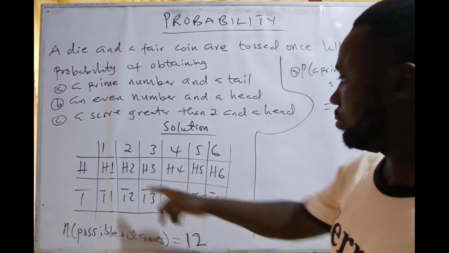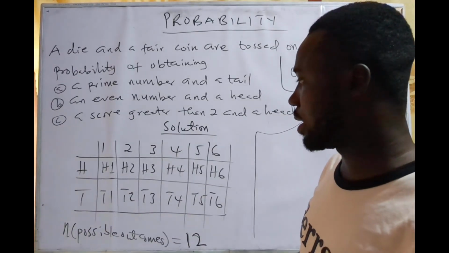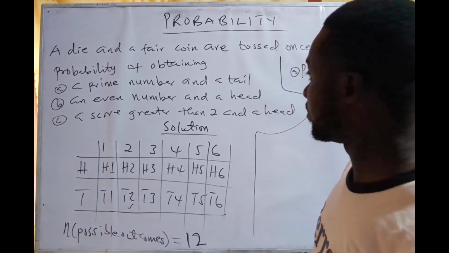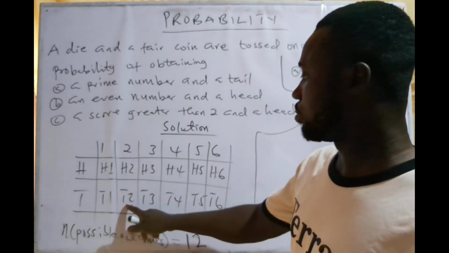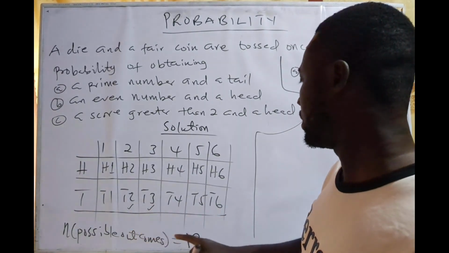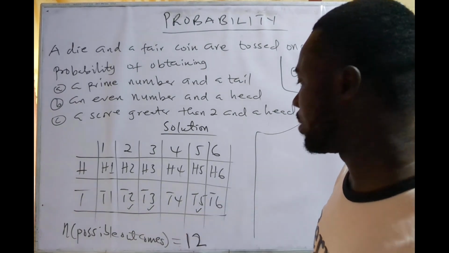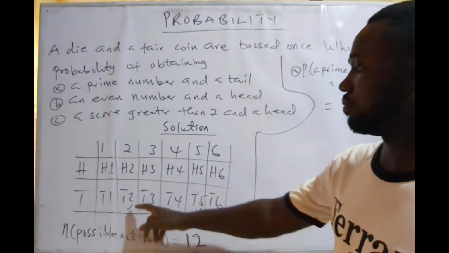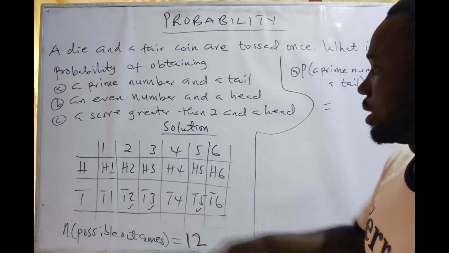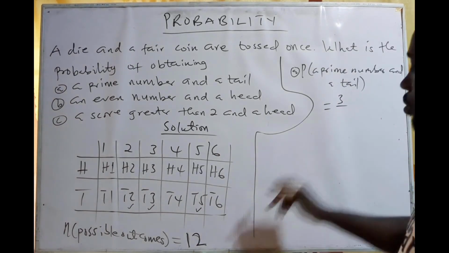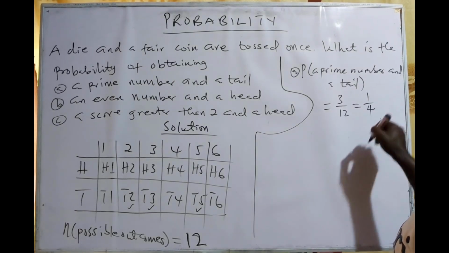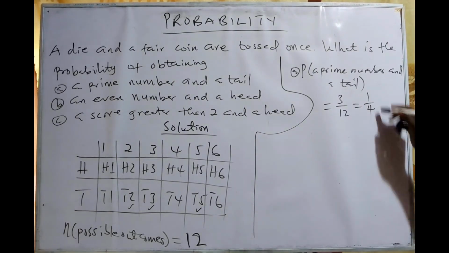Here is head, so we look at prime number and tail. 2 is a prime number, 1 is not a prime number, and 3 is a prime number, and 5 is also a prime number. So you have T2, T3, and T5. How many are they? They are 3. So 3 out of 12, and 3 out of 12 is 1 over 4.